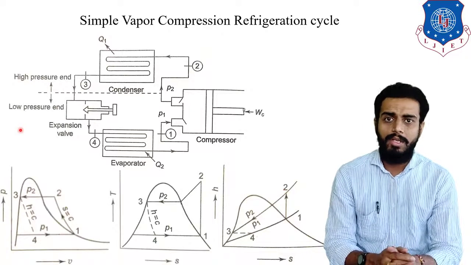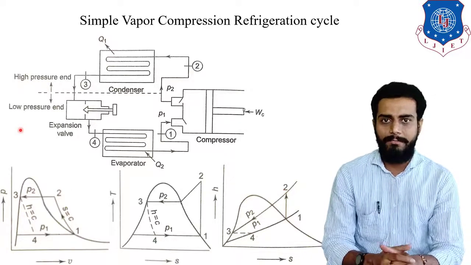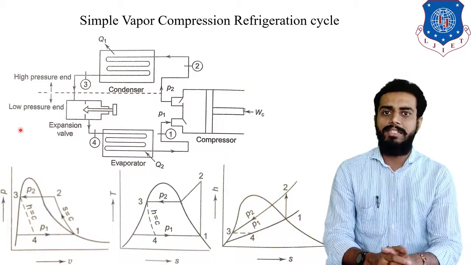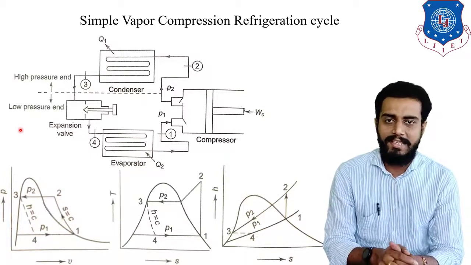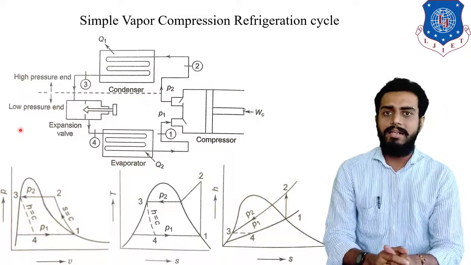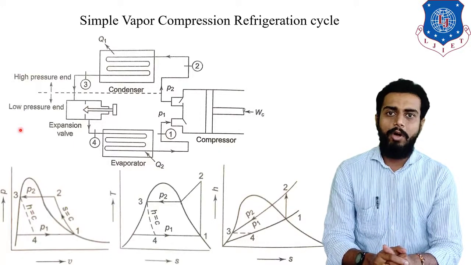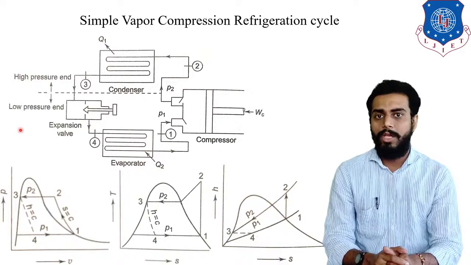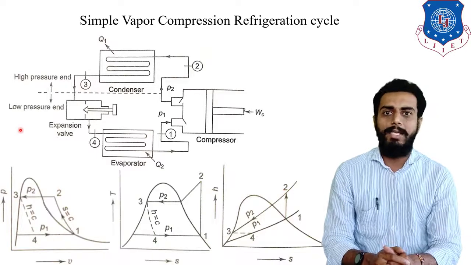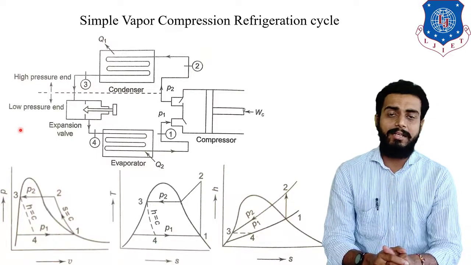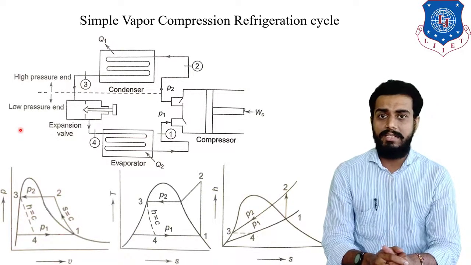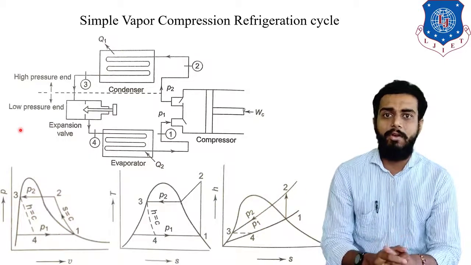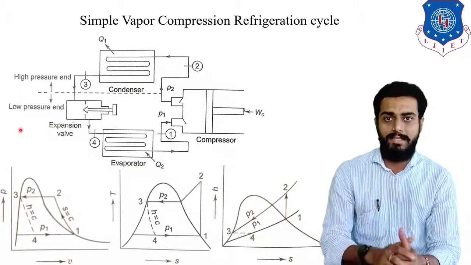If you recall the first law of thermodynamics chapter, there we have derived the steady flow energy equation, also known as SFEE. Now in that steady flow energy equation we also went through the applications of SFEE. So certain applications are like turbine, compressor, condenser, and in that various cases we have also discussed about throttling devices.